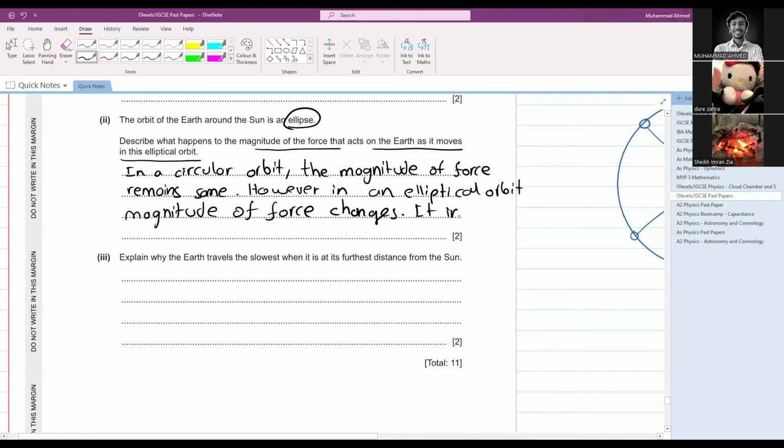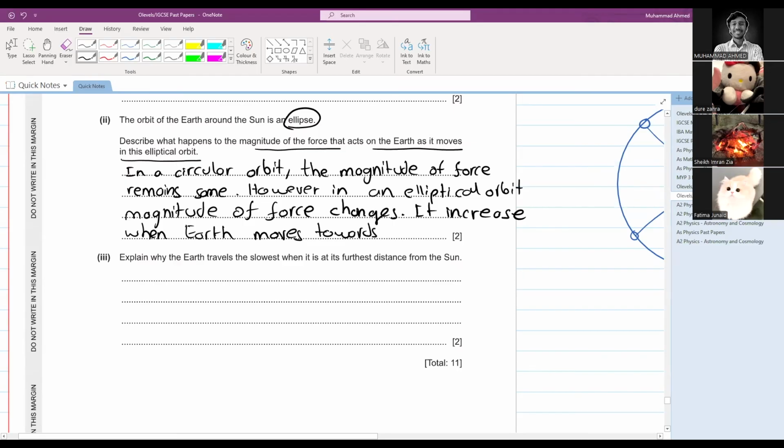It increases when earth moves towards the sun and decreases when earth moves away from the sun.